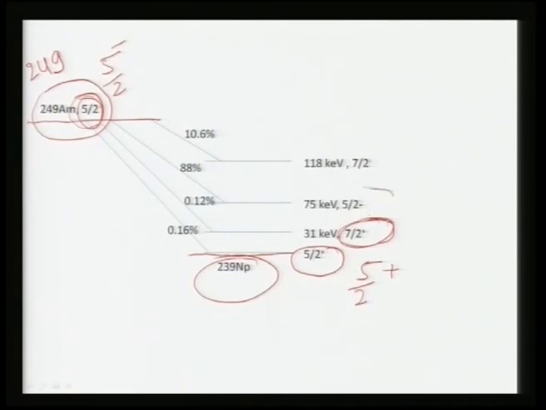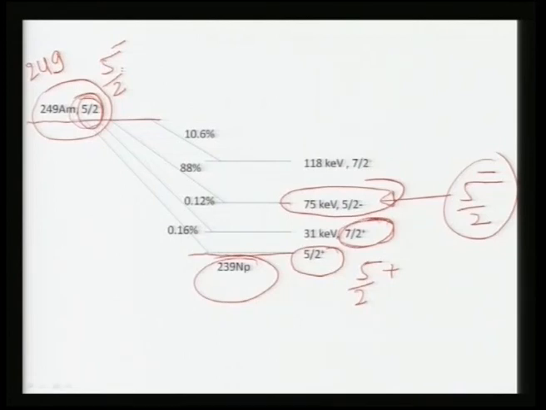Now, look at this third level: ground, first excited, second excited. This one is 75 keV, this is 5/2 minus, this is 5/2 minus, and here also it is 5/2 minus. So, if alpha decay takes place and the daughter is created in the second excited state, you can have L equal to 0 alpha, and that will increase the probability.